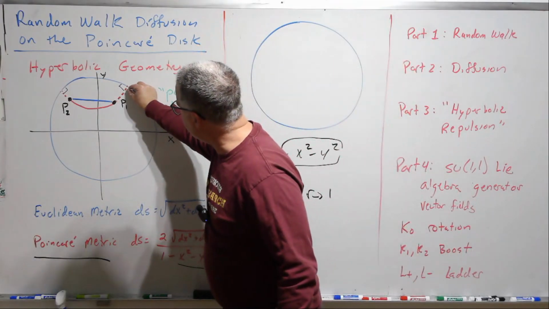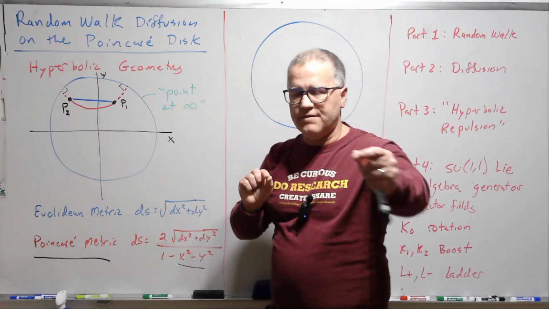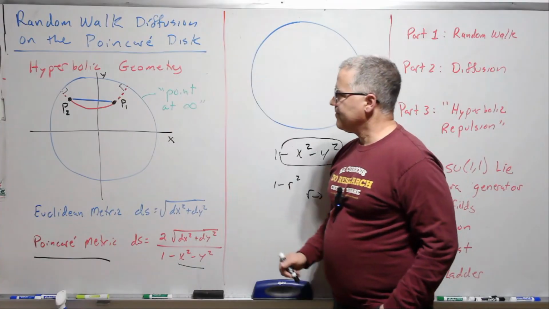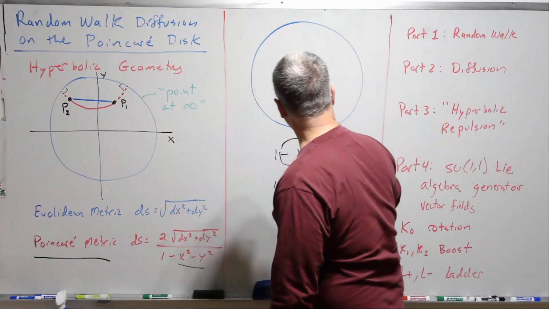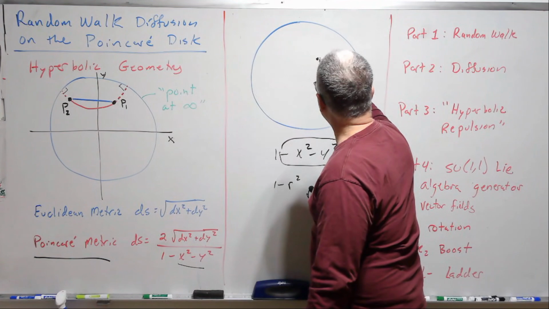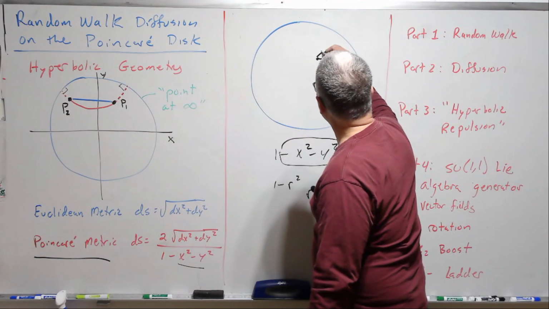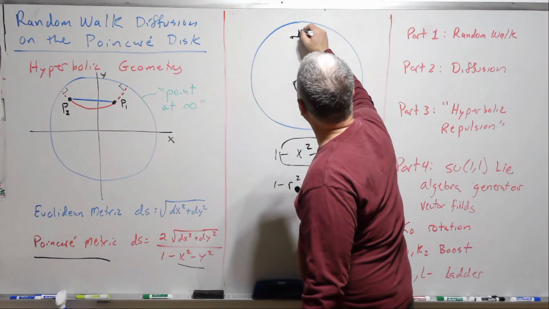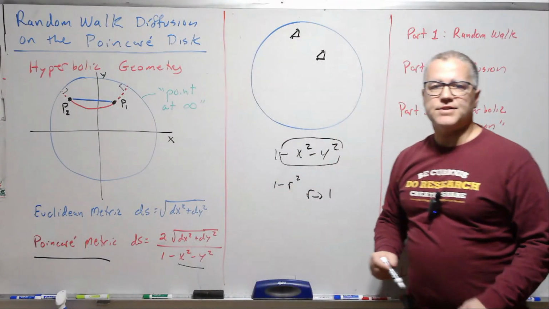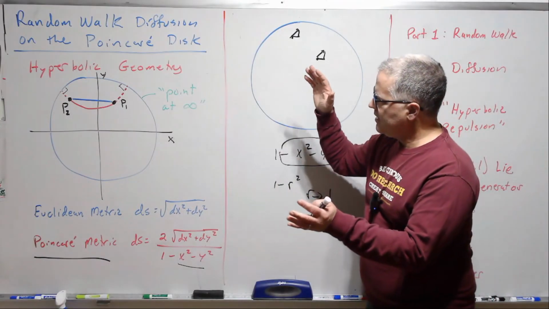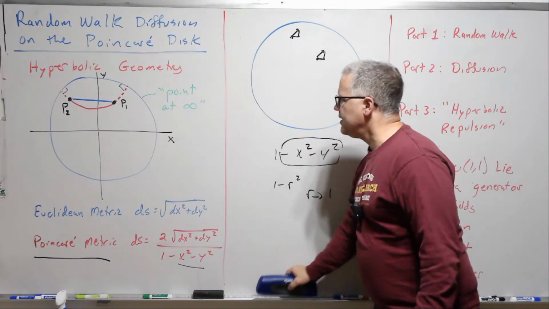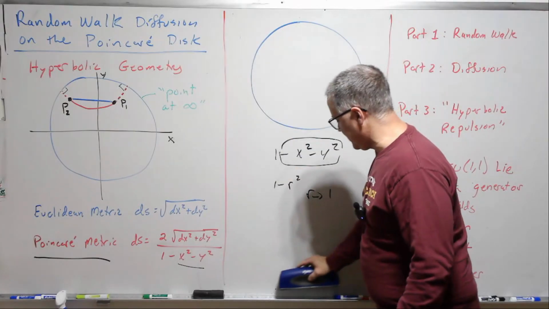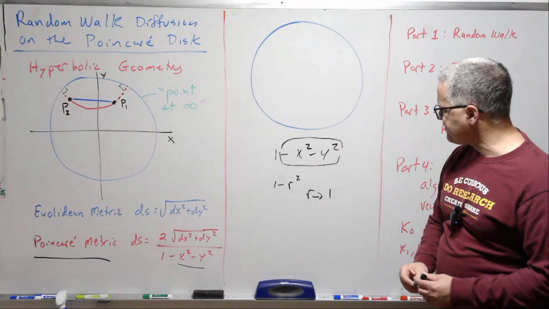So as we go from here to here, we're covering a very long distance as compared to the Euclidean metric, which, if we have a point anywhere in the disk, just says that's our distance. So wherever we are, it's the same length. But the Poincaré distance gets elongated considerably because of this denominator.